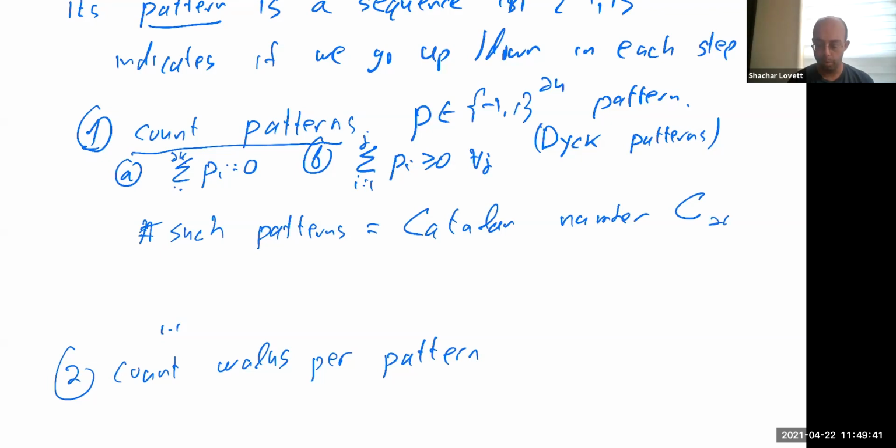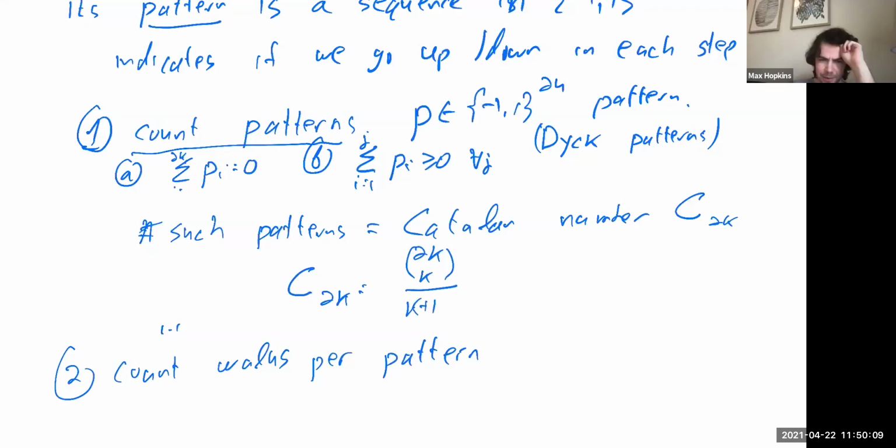Let's say 2k, but maybe it's going to be k. Whatever. This has been widely studied in combinatorics because it comes up in many applications, not just in our application. And in particular, people have figured out that there is a very nice formula for this, and this actually equals 2k choose k divided by k plus 1.